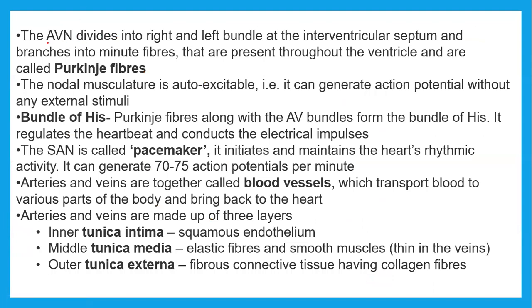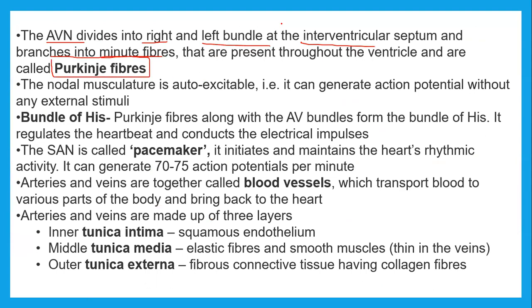Then the AV node divides into right and left bundles at the interventricular septum, the septum that separates the two ventricles, and branches into minute fibers called Purkinje fibers. So what are Purkinje fibers?